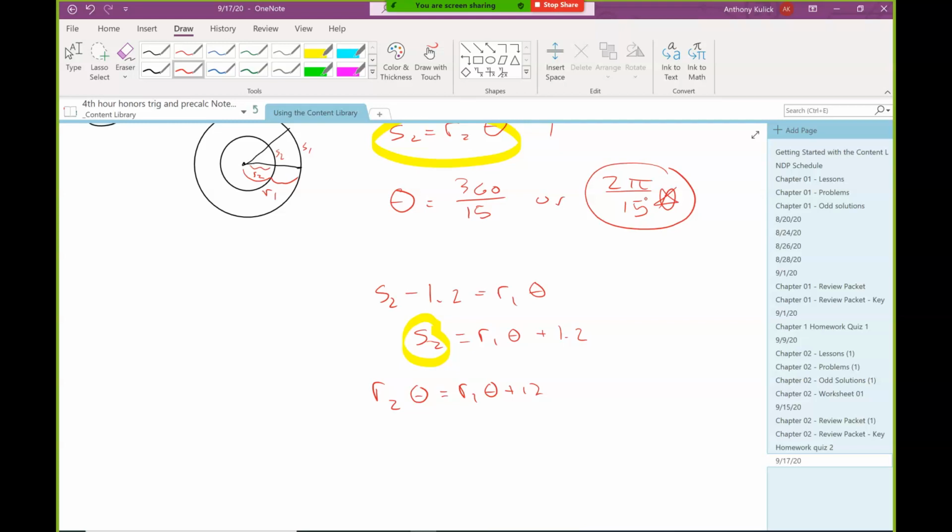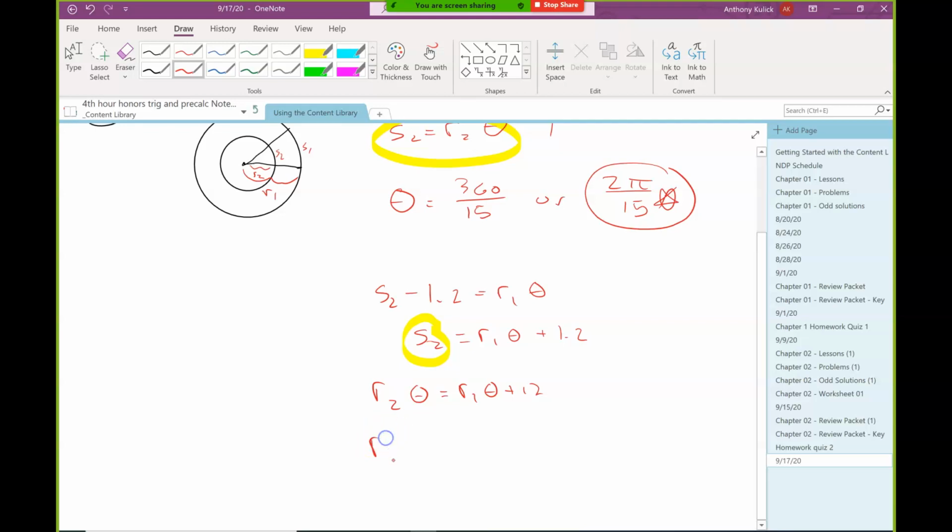So it's asking how much bigger is the radius of the outside track compared to the inside track.